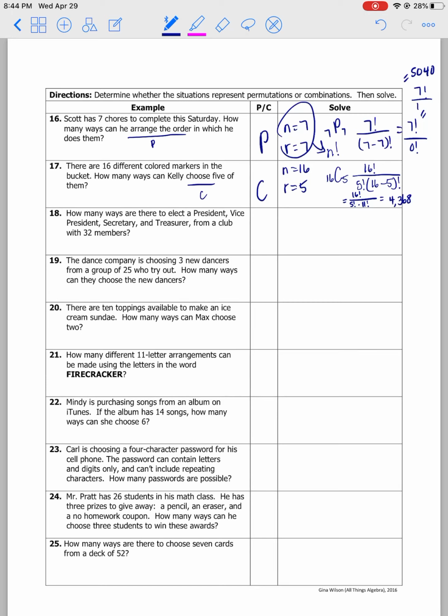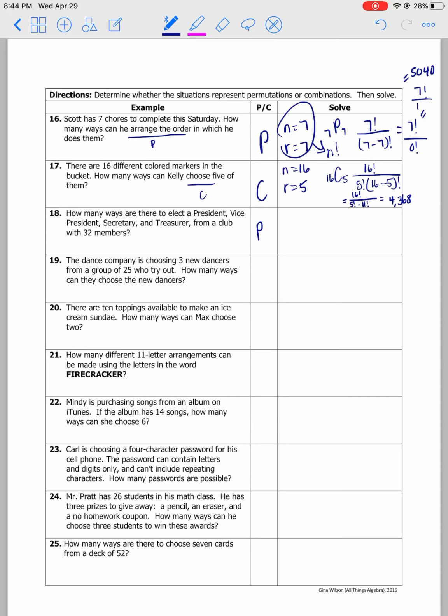This says elect a president, vice president, secretary, treasurer. Those are specific roles. So as I explained on Tuesday, if you were elected to a specific role and then they just say generally, oh, you are on the administrative board for this club, well, that's not the same thing as being elected to be the president or the vice president. So this is a permutation.